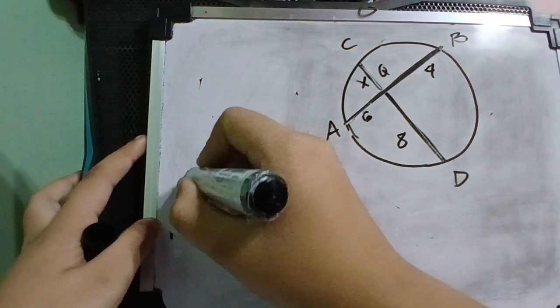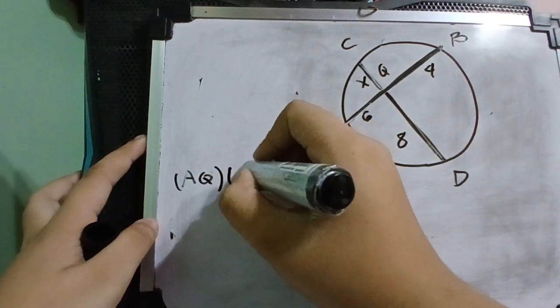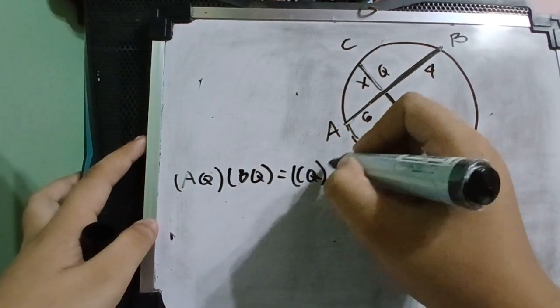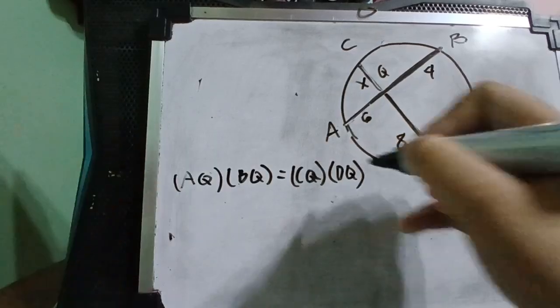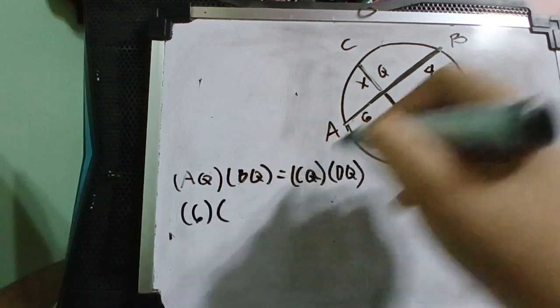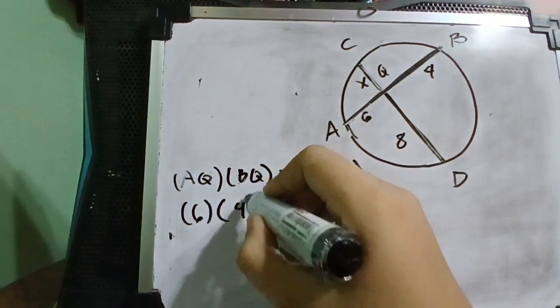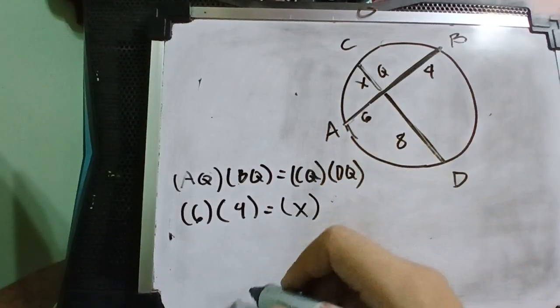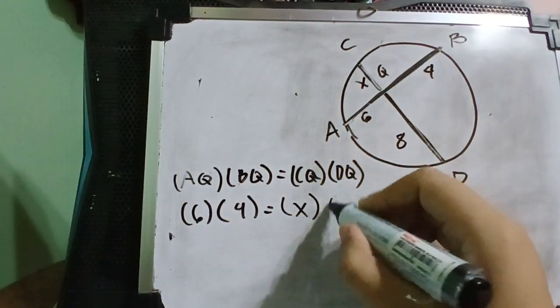Dapat pala hindi ko na lang binura. Okay, so AQ multiplied by BQ is equal to CQ multiplied by DQ, where AQ is basically 6 multiplied by BQ, which is 4, equal to CQ, which is X. So, yan yung missing factor natin or term. And then DQ naman is 8.